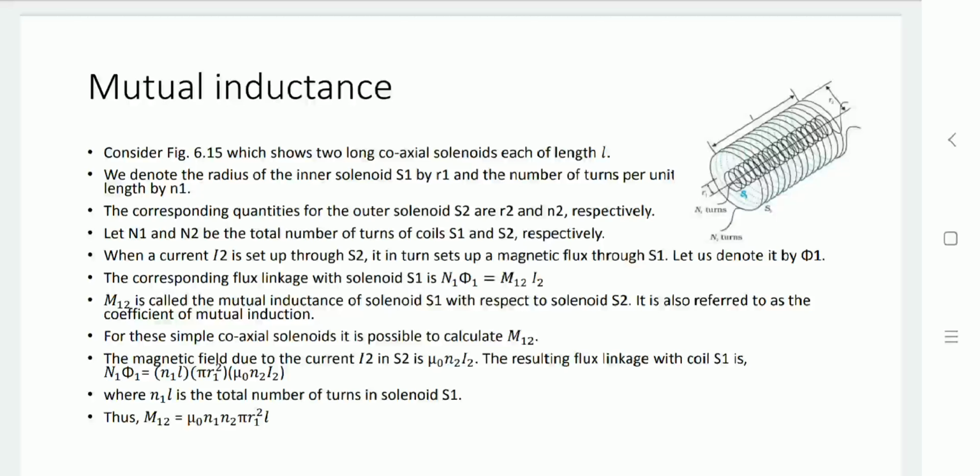While we compare the equations N1 phi 1 equal to M12 I2 and N1 phi 1 equal to N1 L pi R1 square mu 0 N2 I2, we can say that M12 is nothing but mu 0 N1 N2 pi R1 square L. That is the mutual inductance constant.